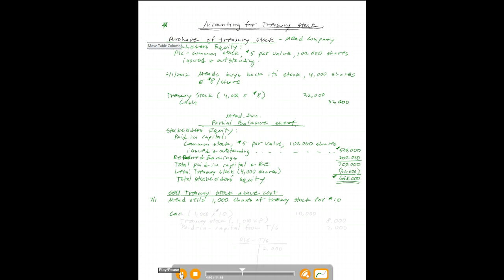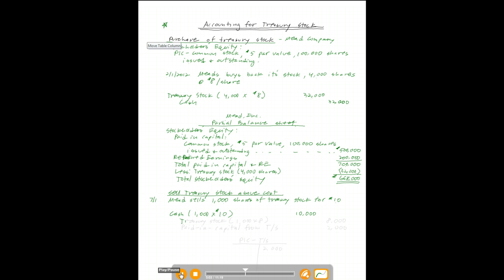Alright, so the journal entry is 1,000 times $10 a share. So that's 10,000. Now the credit to treasury stock is going to be based on the cost times the 1,000 that they're selling.